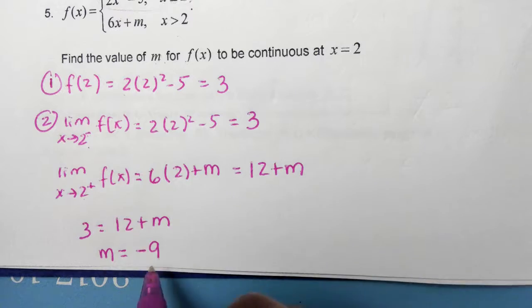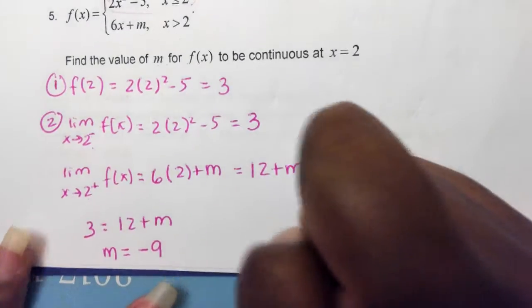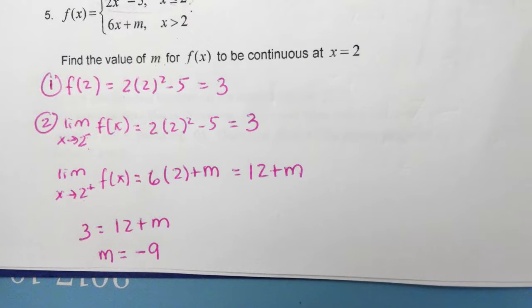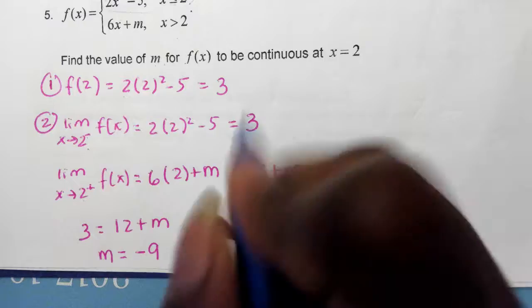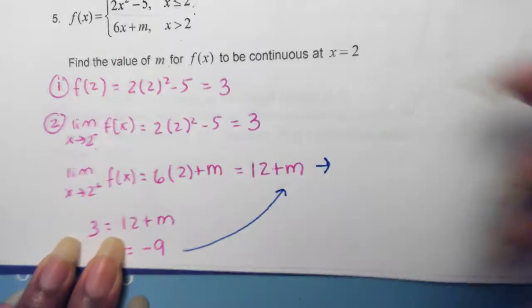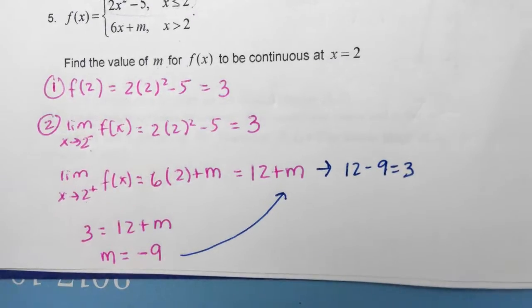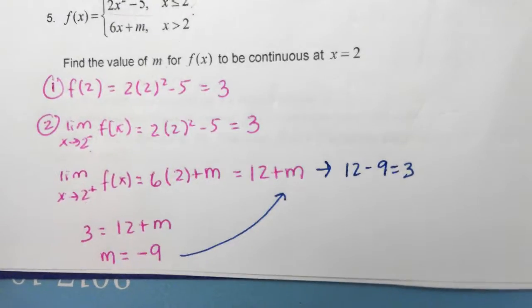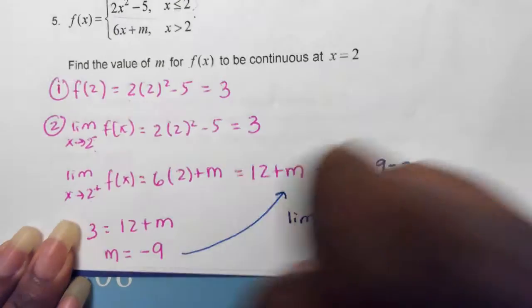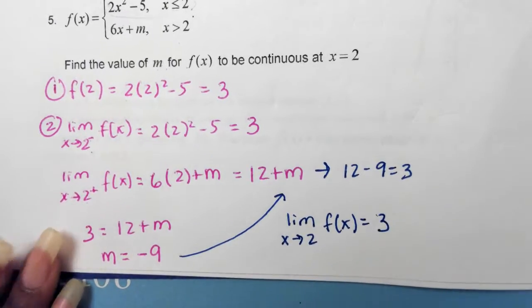So when m equals negative 9, our right hand limit becomes 12 minus 9, which is 3. Therefore, the limit as x approaches 2 of f of x would equal 3.